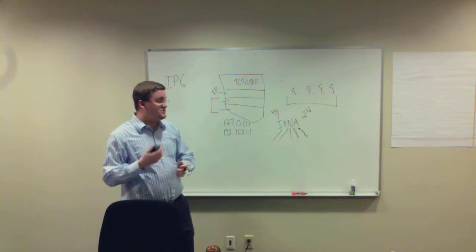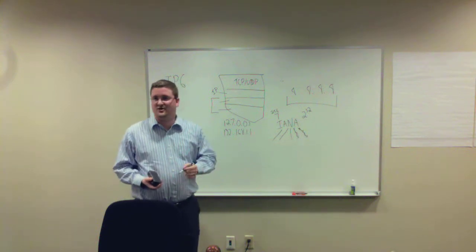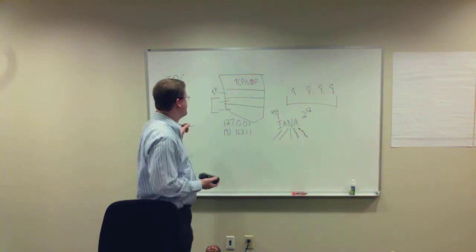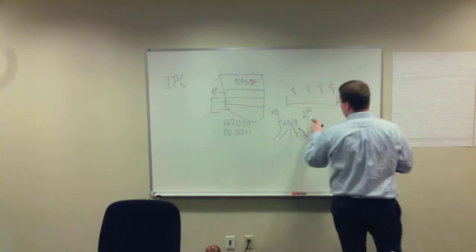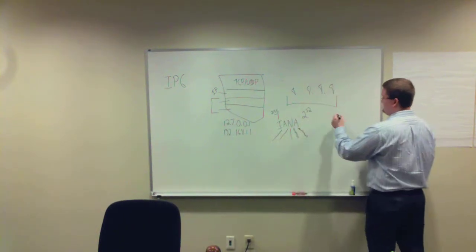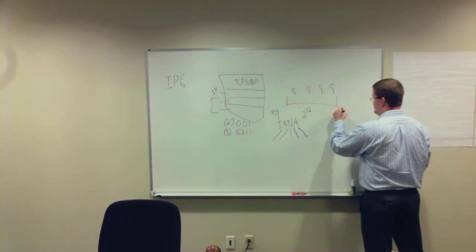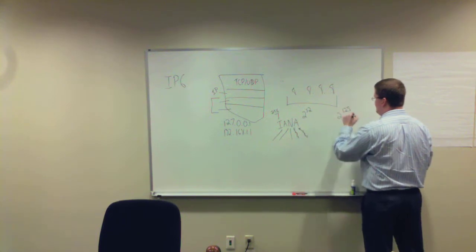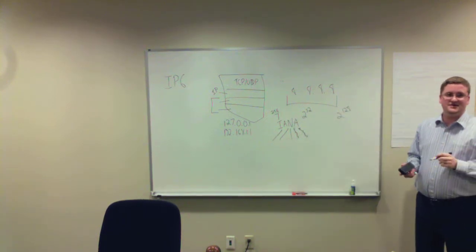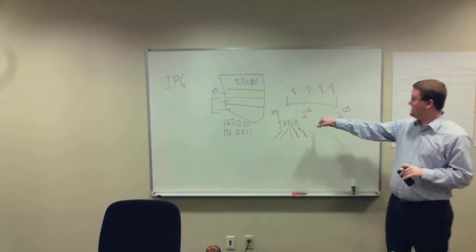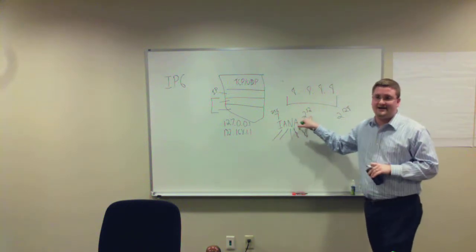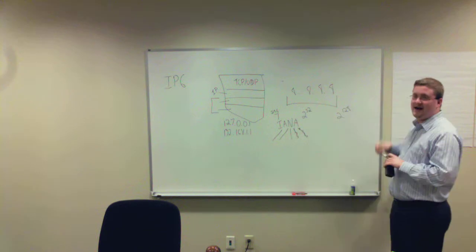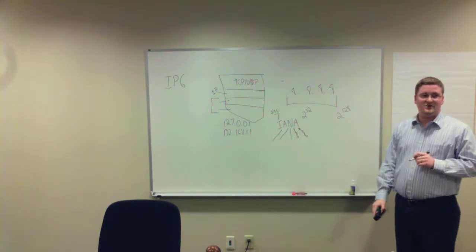So the solution that was dreamed up about 20 years ago was what's called IPv6. What IPv6 does is take this 2 to the 32 number and quadruple it. Well, way more than that. It's 2 to the 128th. It took the addressing of an IPv4 packet and added 12 more bytes of data onto it.